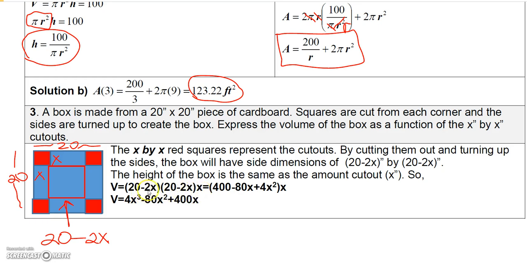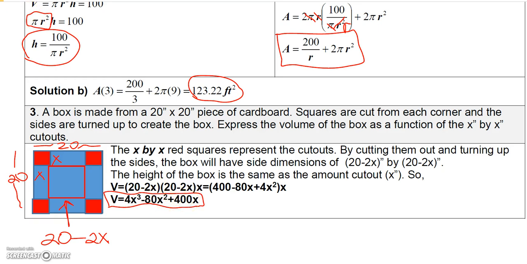And then if you square this or multiply 20 minus 2x by itself, you get 400 minus 80x plus 4x squared. And then if you multiply that by x, you get 4x cubed minus 80x squared plus 400x.